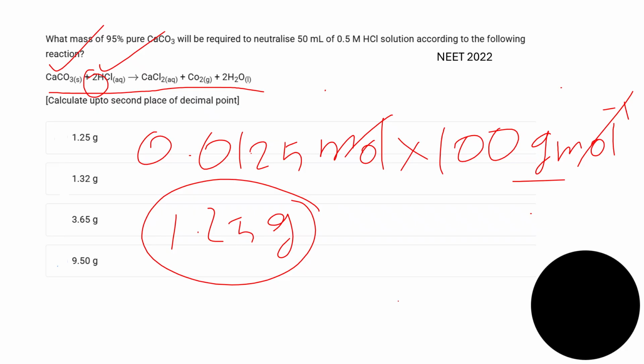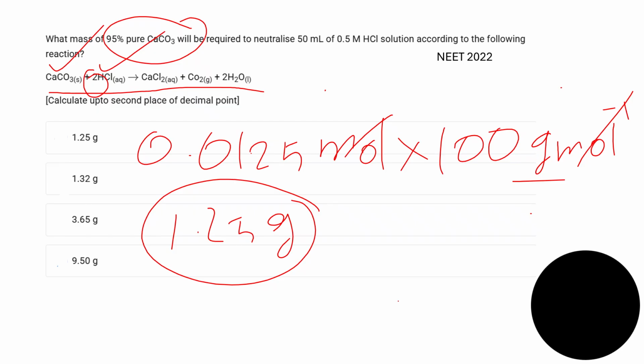It is for pure or impure. They are asking what mass of 95% pure calcium carbonate is needed. But they didn't tell how much gram is present. They didn't tell anything. Then how to solve this?